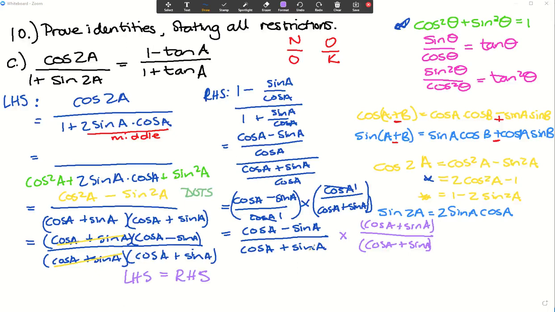You would have FOILed out this item, gotten this term, and then added those together to get the 1. So you could have actually gone from this point and reversed your way back up. But I find that a lot of you struggle with that kind of process. So mostly, if you can't simplify the right-hand side far enough and you get stuck there, then work on the left-hand side so that the left-hand side does equal the right-hand side.